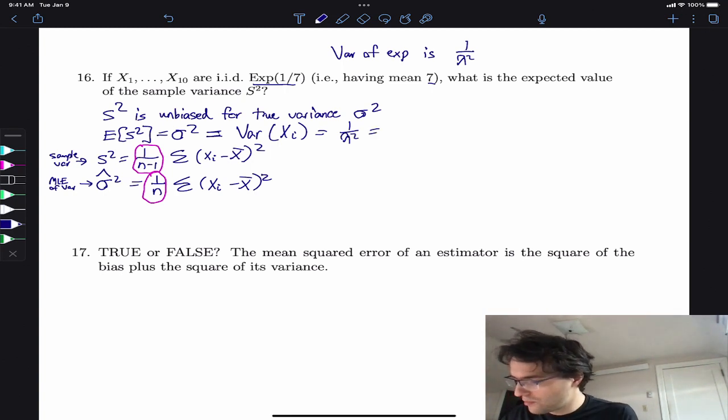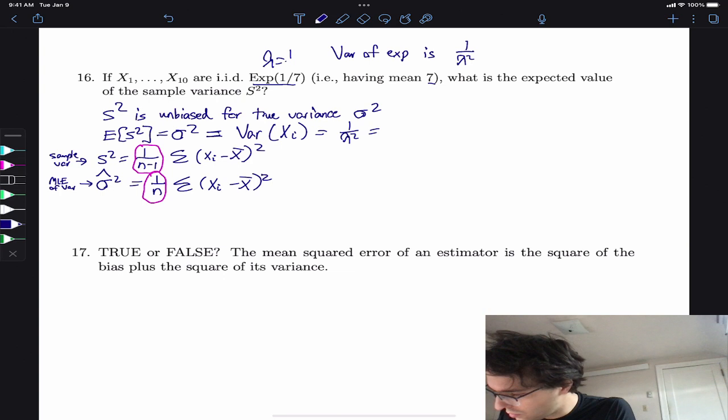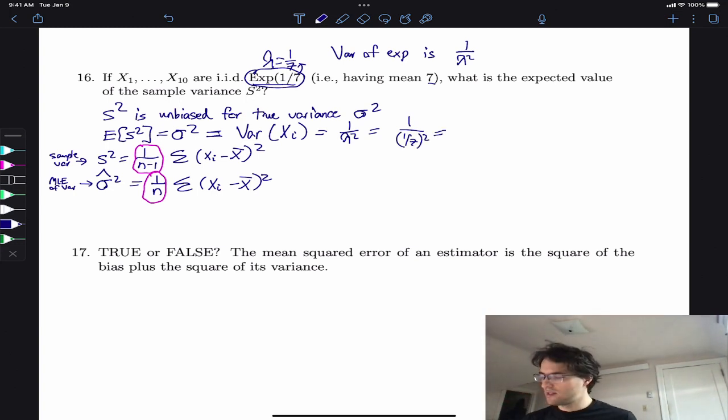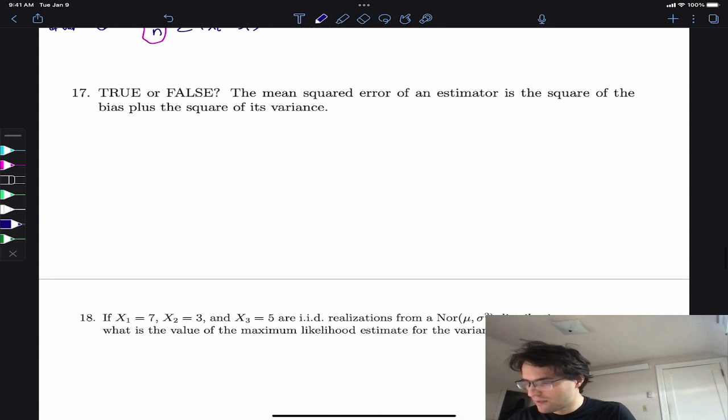And what is lambda? We were told that lambda is equal to 1/7. So 1 over 1/7 squared ends up being 49. And so that's how we get our answer. Moving on.